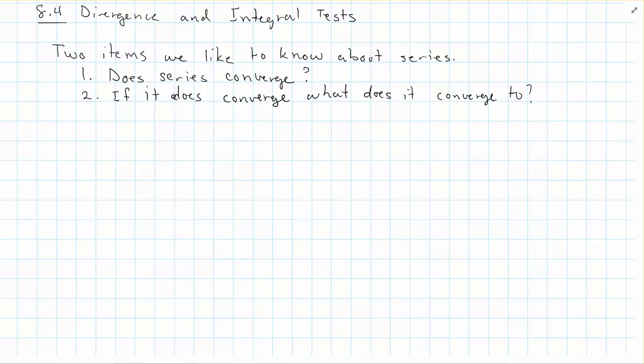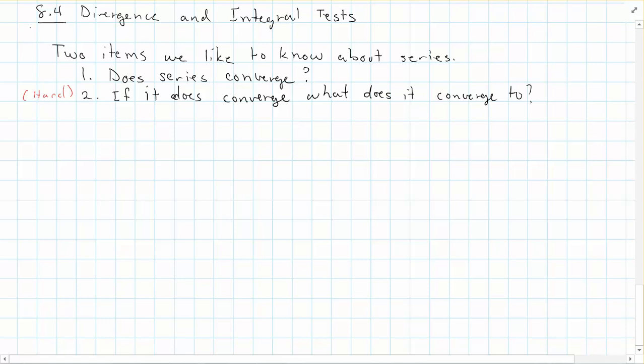And remember, we said that the second one is actually the harder question. In the previous section, we answered both those questions with the geometric and telescoping series. We were able to determine not only whether they converged or diverged, but what they converged to, if they did converge. From here on out, for the rest of Chapter 8, we do not get to determine what it converges to.